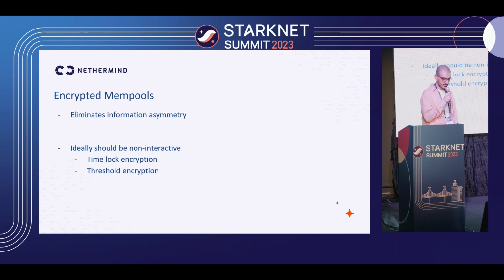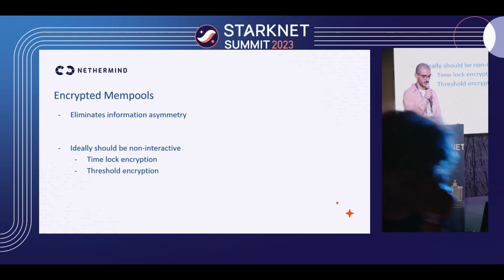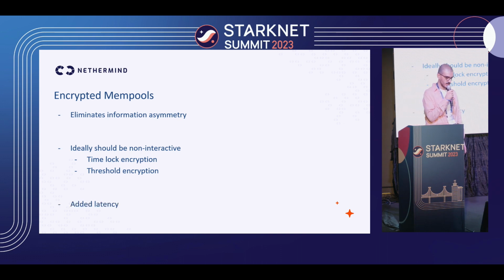So with threshold encryption, transactions are only decrypted after they're committed into a block. Some protocols employ a different set of nodes just to hold the keys, but that has its own trade-offs. But I won't be going into them right now.